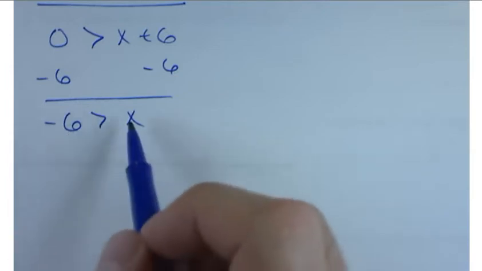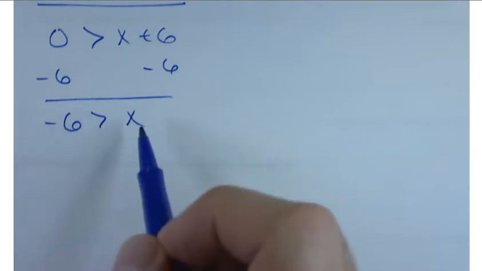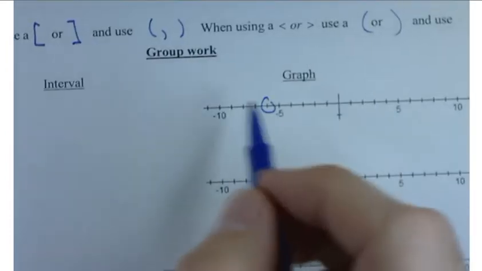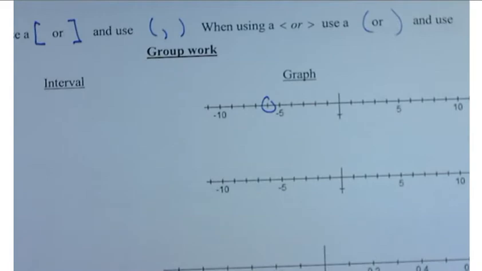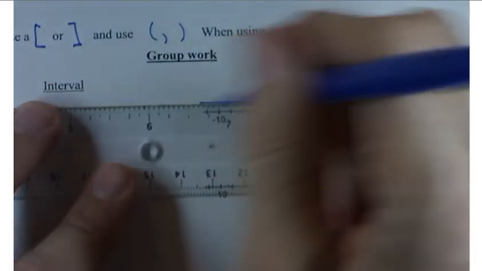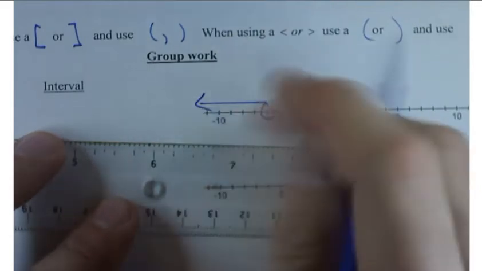Is it bigger than negative 6 or is it less than negative 6? It's smaller. And smaller numbers are always to the left. Good. So put a circle on negative 6 and draw an arrow to the left. Smaller numbers are always to the left.